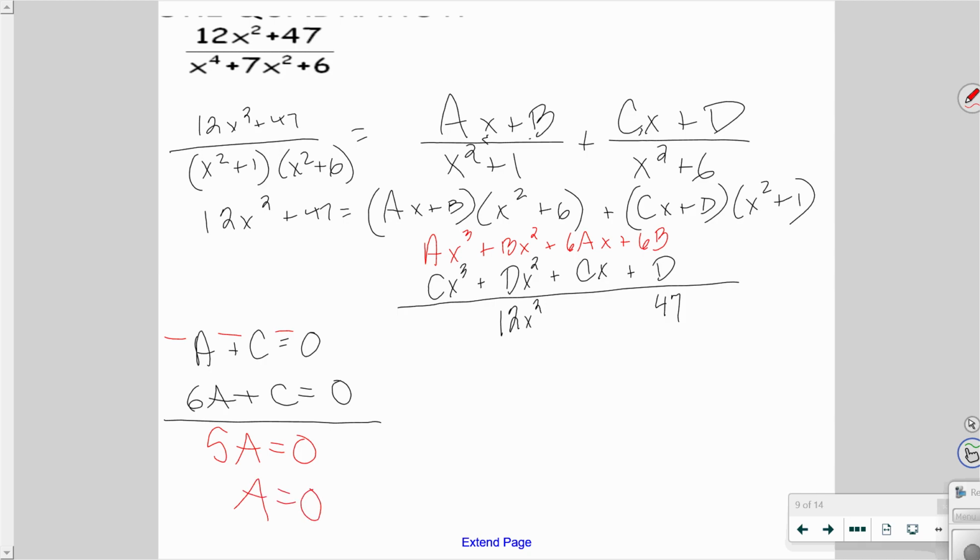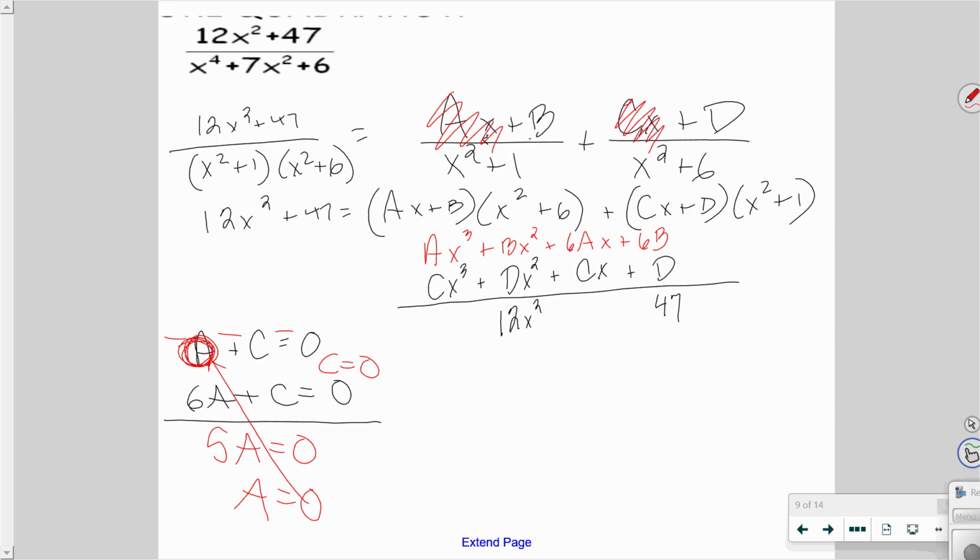If A is 0, I'm going to plug it in, and I also get C being 0. So see, Caleb, how the math told me I didn't need that. But I wouldn't have known that unless I put it there. So A and C are 0, so those disappear.